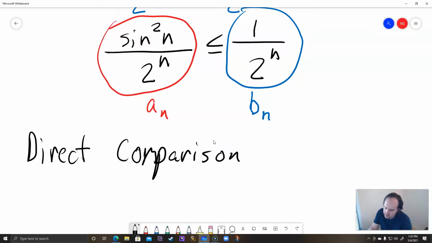To use that, we need to show that b_n converges, in order to show that a_n also converges.